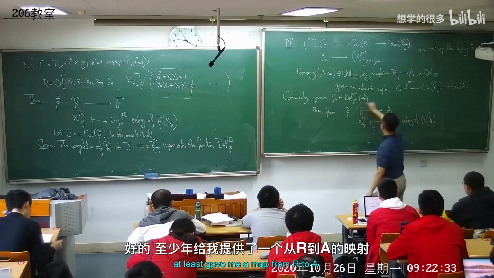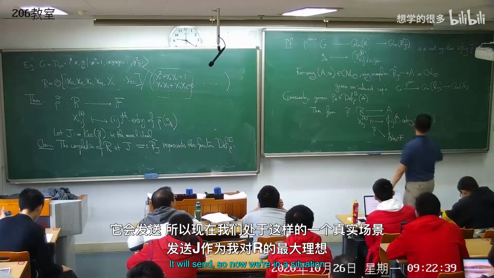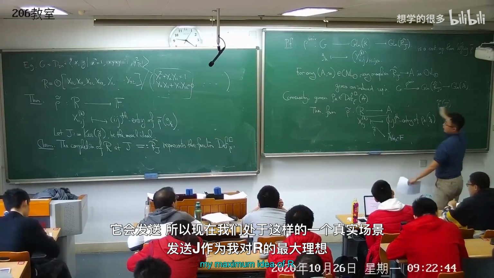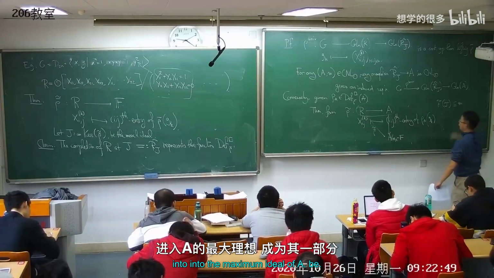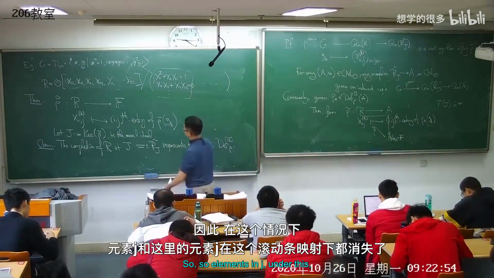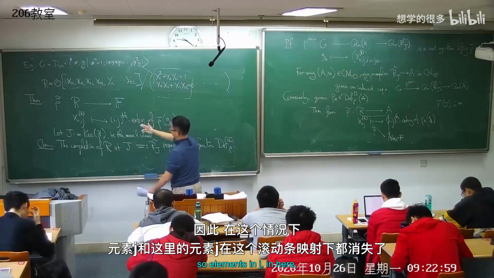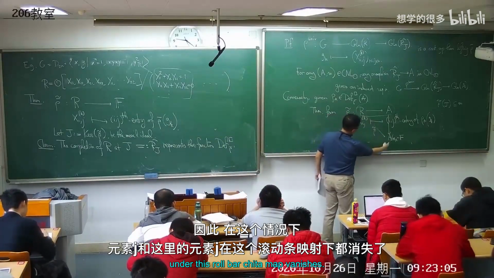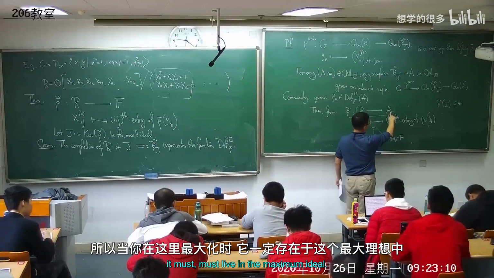Okay, so this at least gave me a map from R to A. Now we're in a situation that rho tilde will send J, my maximal ideal of R, into the maximal ideal of A, because, how should I put this, elements in J under this rho bar tilde map vanish. So when it maps over here, it must live in the maximal ideal.